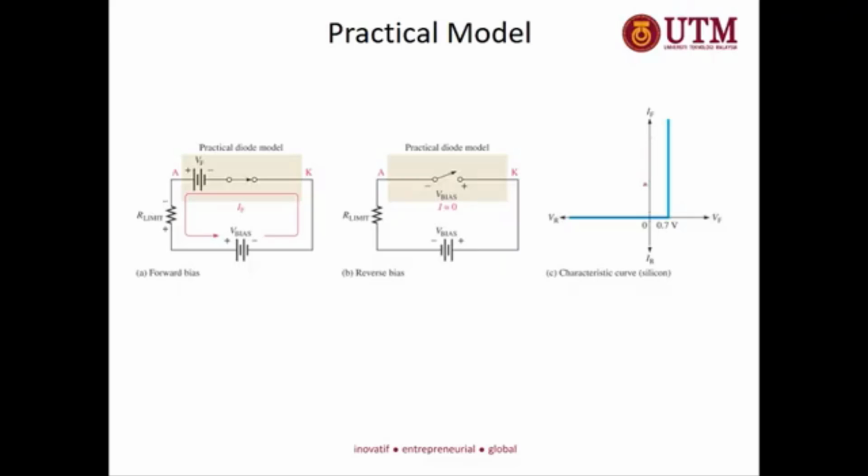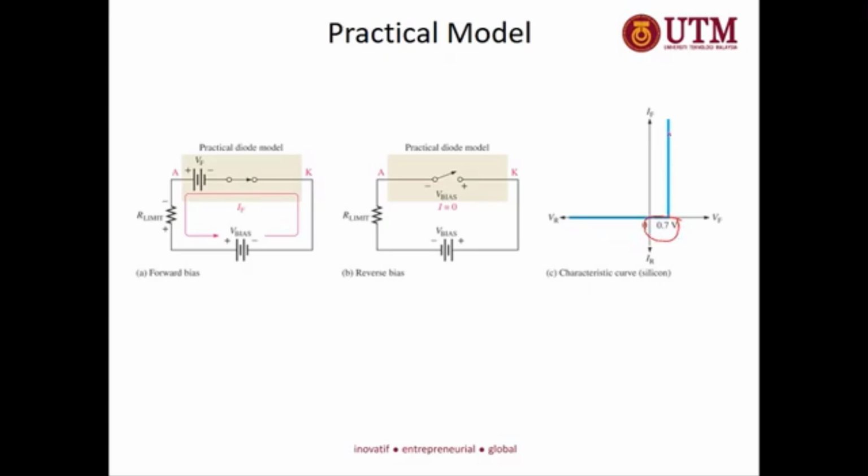So the moment voltage becomes positive, there is a sudden increase of the current. But now in the practical model, the sudden increase should occur slightly above 0, located near the barrier potential voltage, which is 0.7.